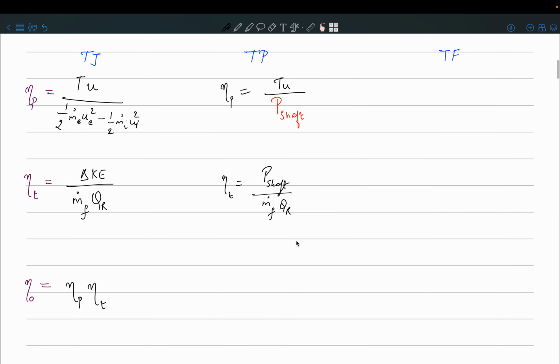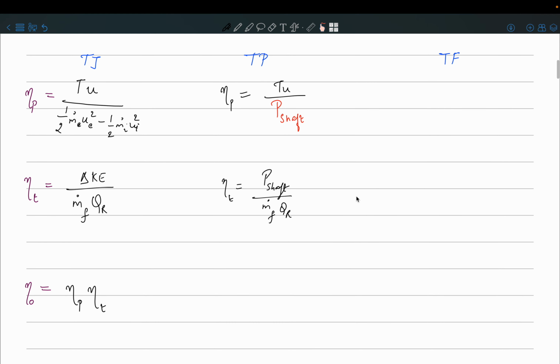Okay. And in turbofan, now this is easy. For turbofan, we have again the thrust which is generated into the velocity with which the aircraft is moving, divided by the change in the kinetic energy. So remember, the change in kinetic energy is going to be different here. You have m dot C, which was coming in with some velocity u inlet.